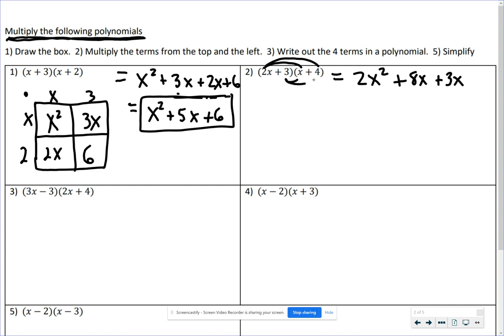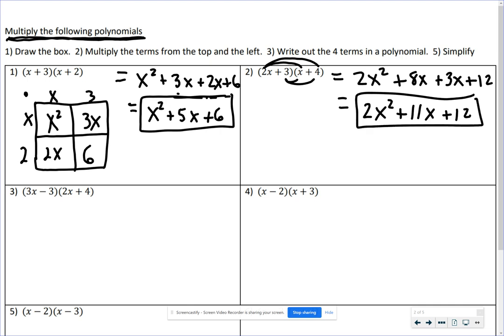And then we do 3 times 4, which is 12. Notice the plus signs in between. All these are positives. And then we're going to combine the like terms. We get 2x squared plus 11x plus 12. And our polynomial is a trinomial. Once we multiply it out, we have a trinomial written in standard form.